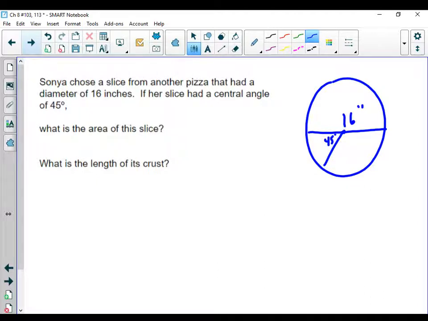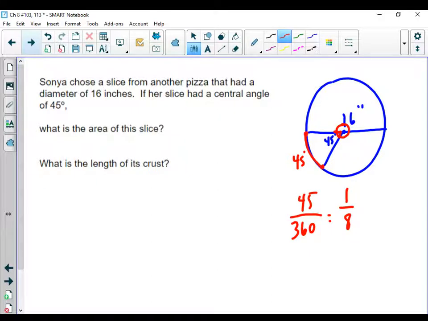Well, something to think about in relation to that is if I thought about this being a circle on the inside and I took out a 45-degree angle here, that means I'm going to take the same amount as far as degrees from the circle itself. So really I'm looking at 45 degrees out of the entire circle. Well, the entire circle we know is 360 degrees. Or in other words, if I were to look at that section, I've taken 1/8 of the entire pizza.